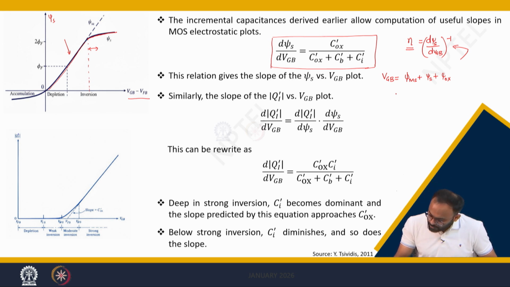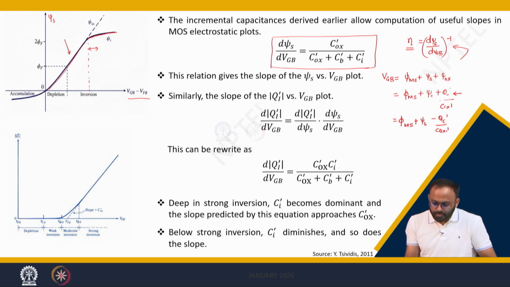If I replace psi ox, VGB equals phi ms plus psi s plus qg dash by cox dash. In this condition, this qg dash is nothing but what? Minus of qc dash over cox dash.